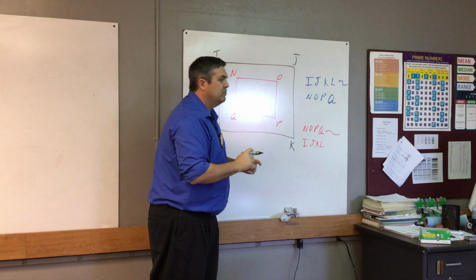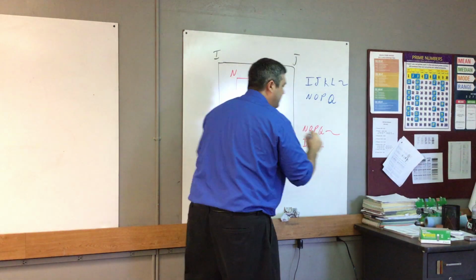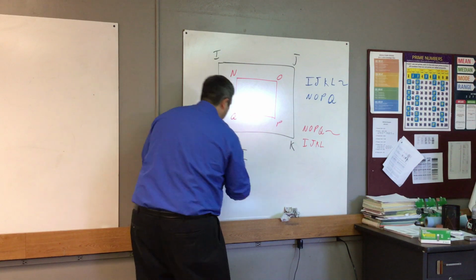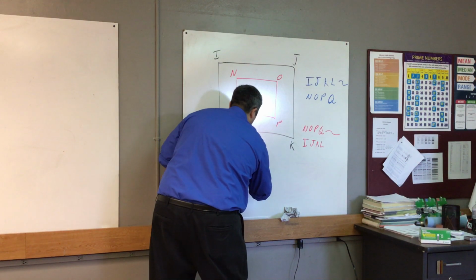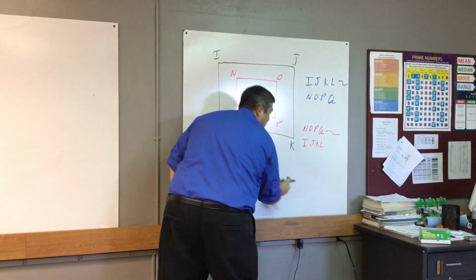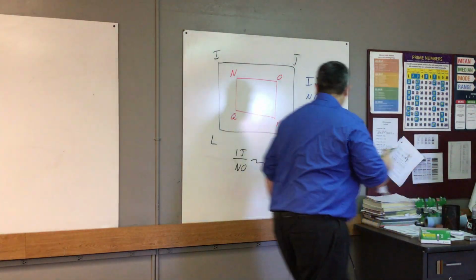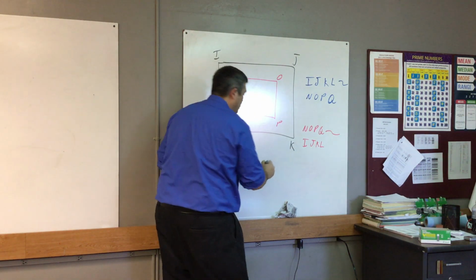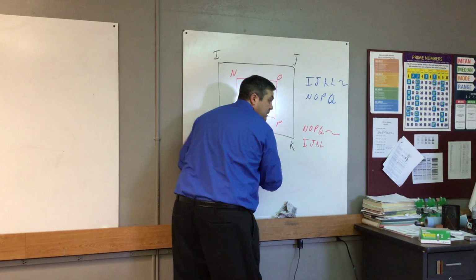What they say is IJ over NO is similar to, or I'm sorry, no, they say equal to, and they do, is that a Q?